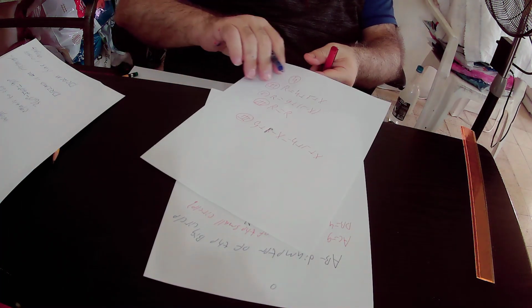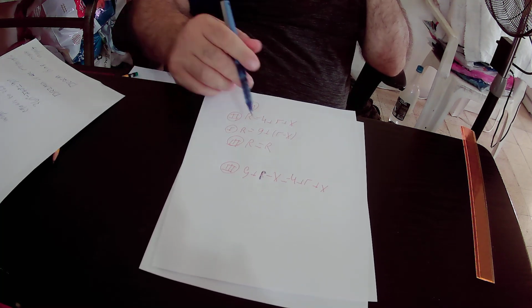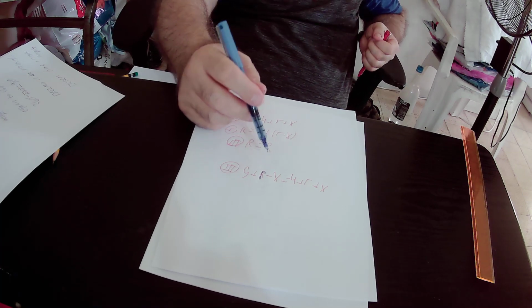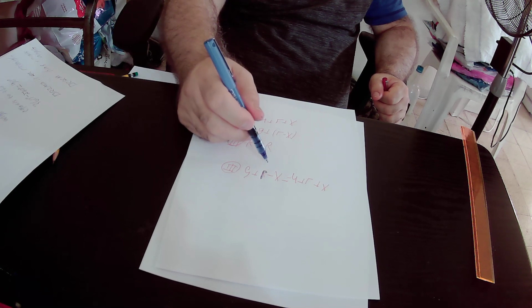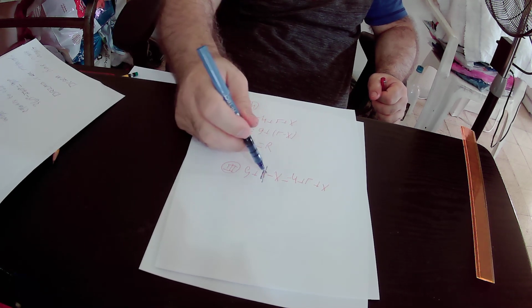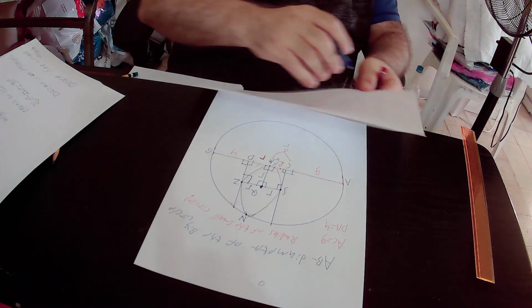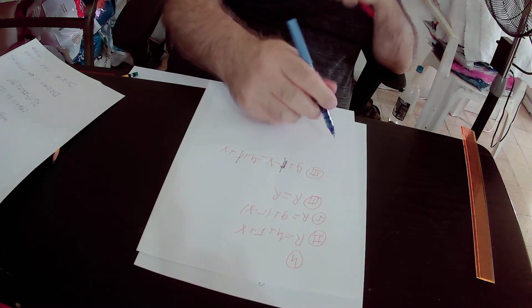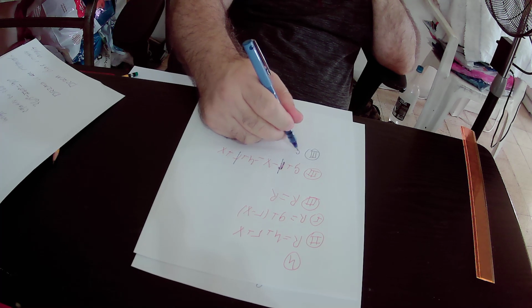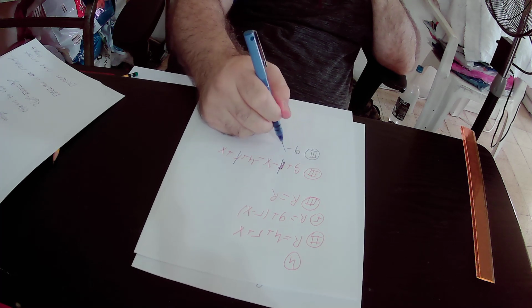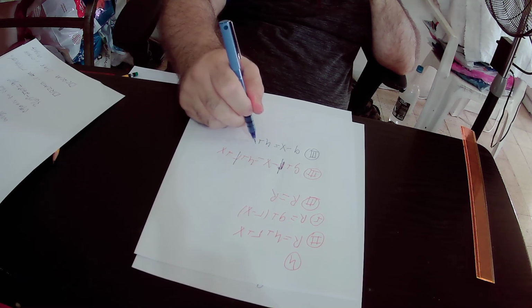So actually in equation number 3 we have small r on this side of the equation and we have small r on the other side of the equation, so r is cancelled, and what is left after r is cancelled is 9 minus x equals 4 plus x.